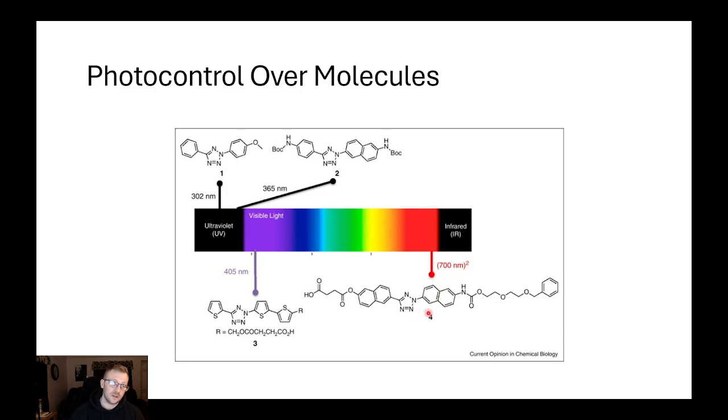And what you can see is because of these different absorbance spectra, we can use different colors of light to look at specific proteins. So if I want to look at two proteins at the same time, I can use a fluorophore that absorbs at 405 nanometers and a fluorophore that absorbs at 566 nanometers, and I'll be able to see different proteins based on their absorption patterns of light.